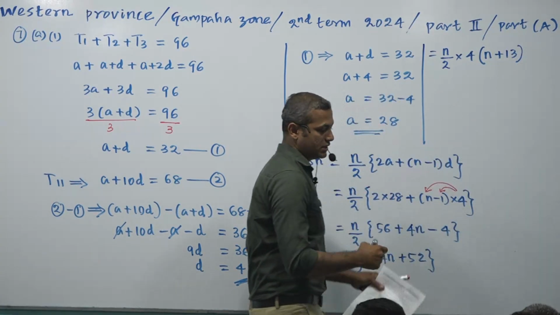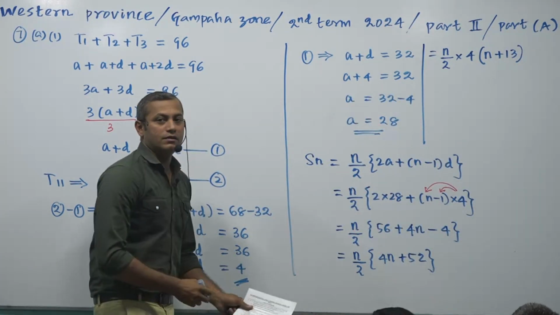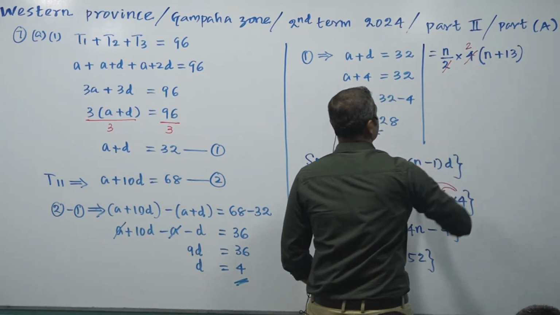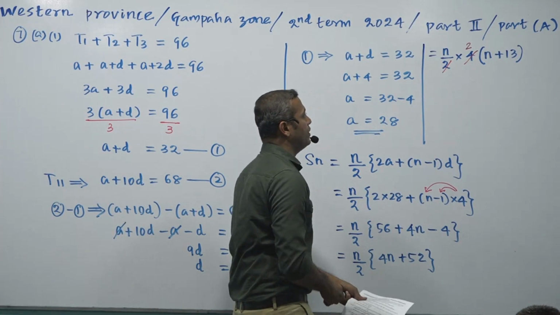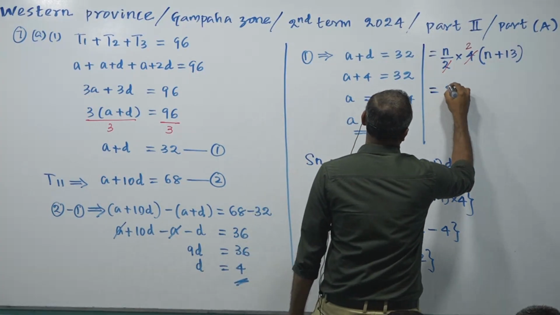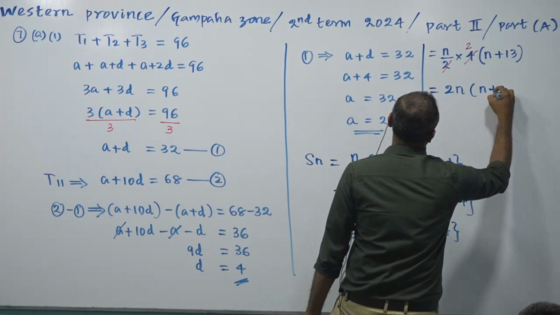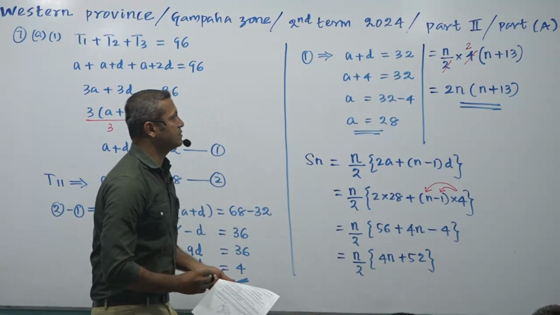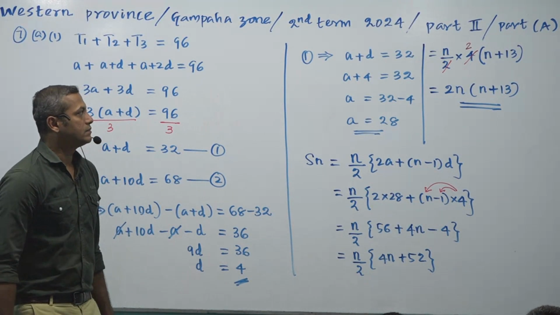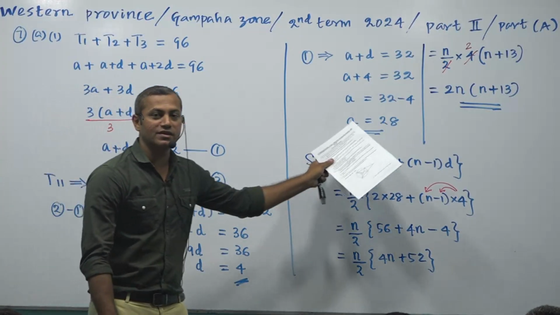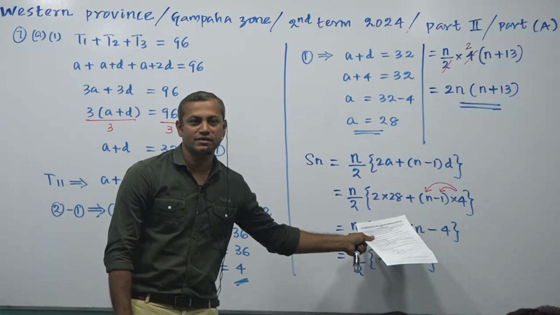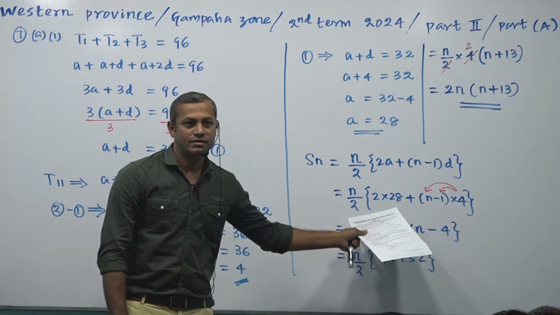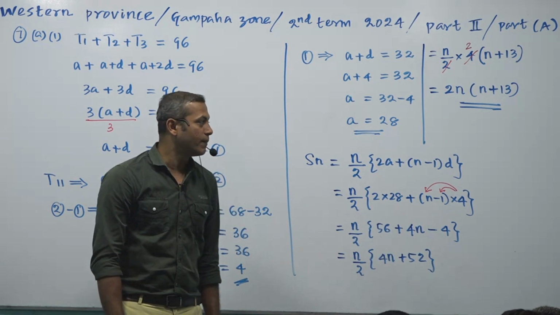Yes, it's there in the answer. Then you can simplify this. 2 into n, 2n times n plus 13, that's the answer. Check it out. Those who got this correct, the substitution correct. Good.